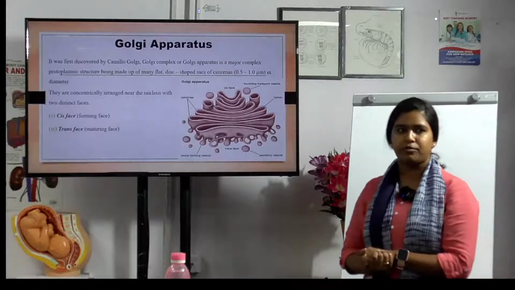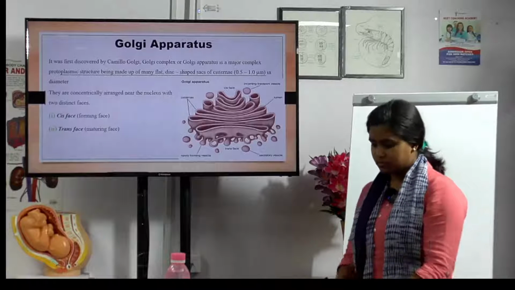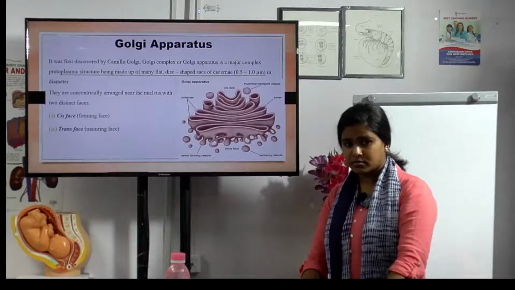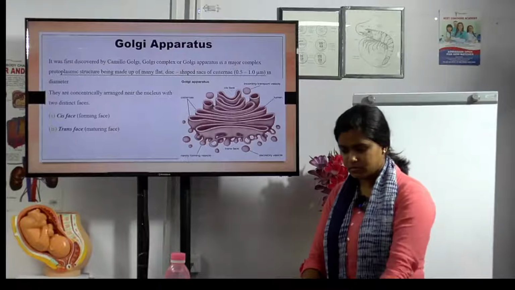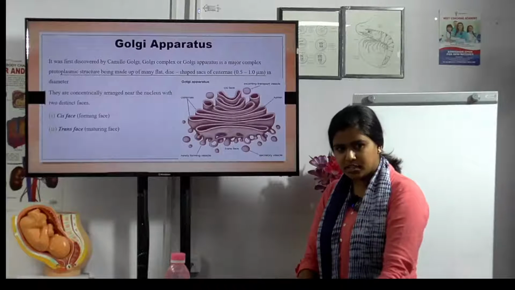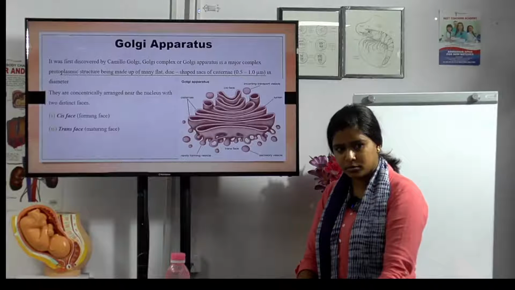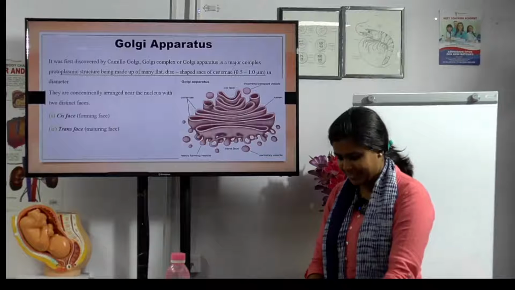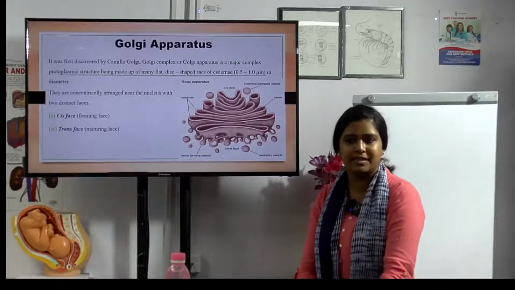Okay, any example of complex carbohydrates? Glycogen, glucose. And they help in the formation of the cell wall also.